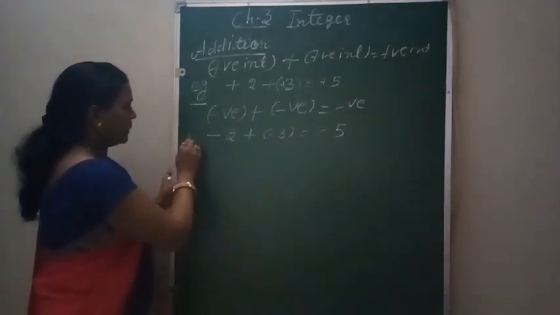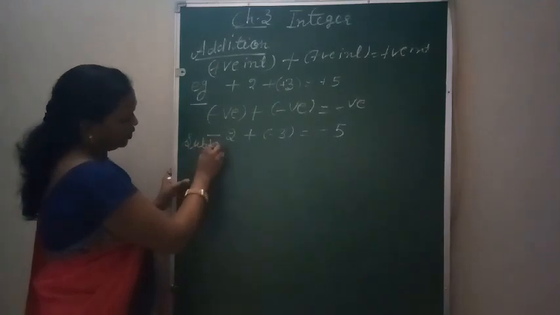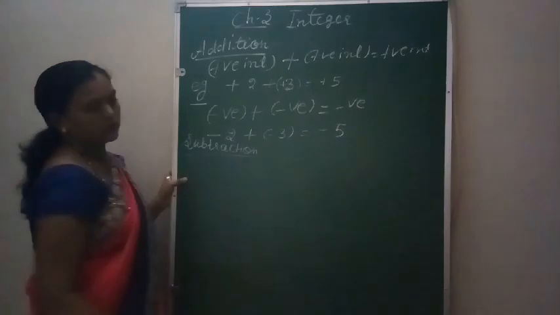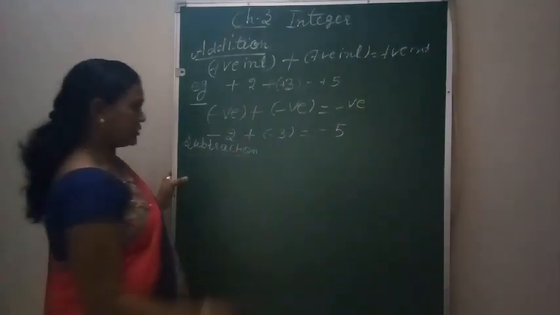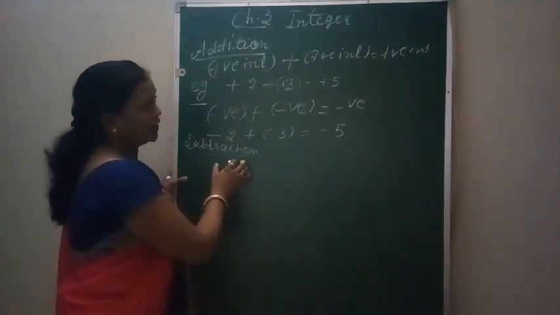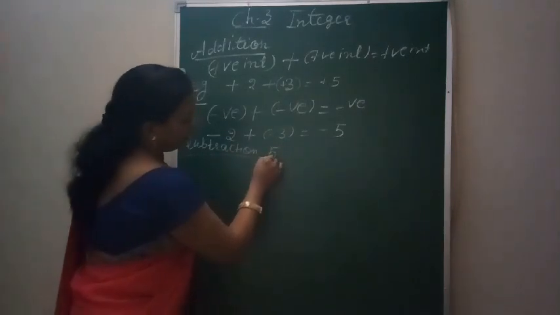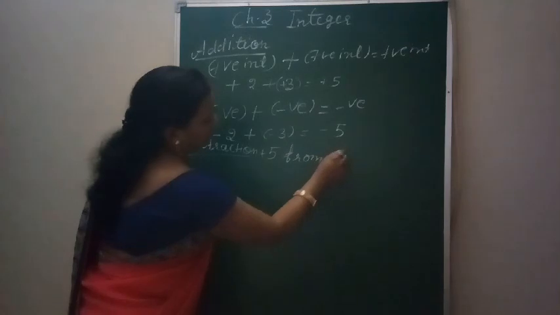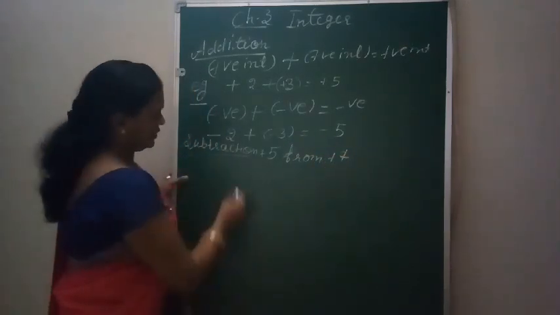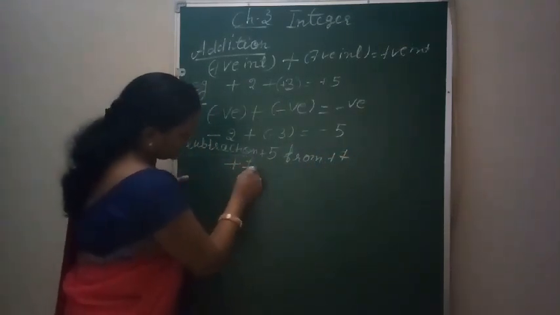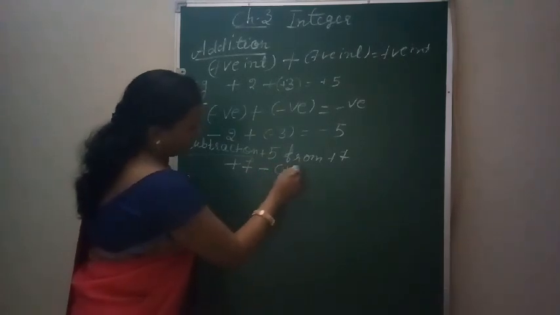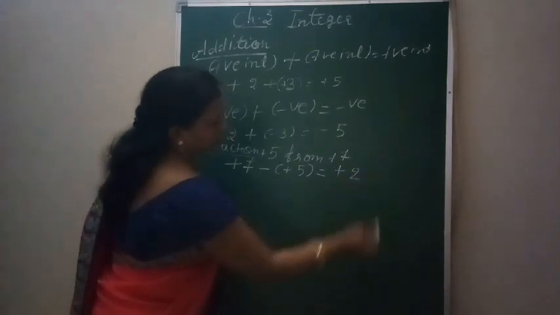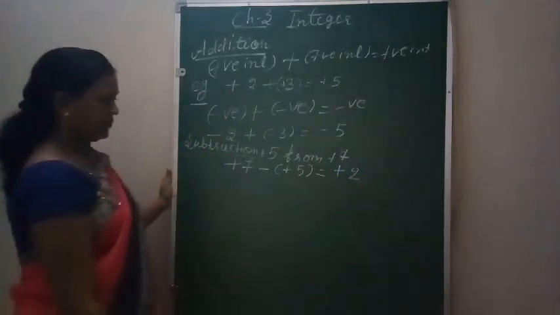Now, when we talk about subtraction of two positive integers, here you have to subtract plus 5 from plus 7. So what will be the answer? Plus 7 minus plus 5 is plus 2.